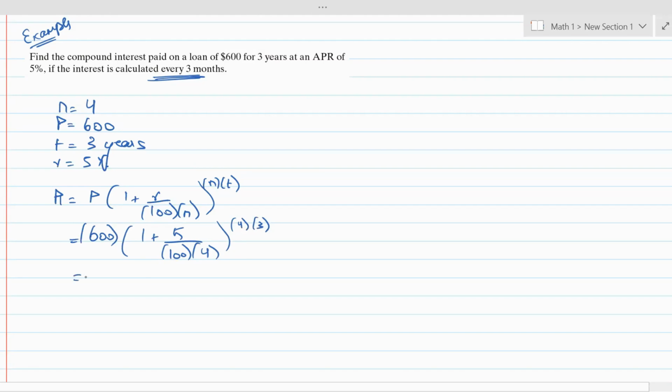We're getting this as, let me calculate this, 5 divided by 400 plus 1 raised to the power 12, multiplied by 600. We're getting this as 696.45.